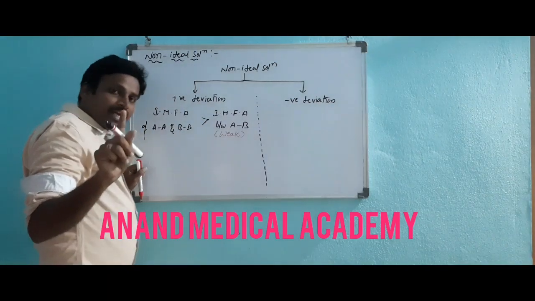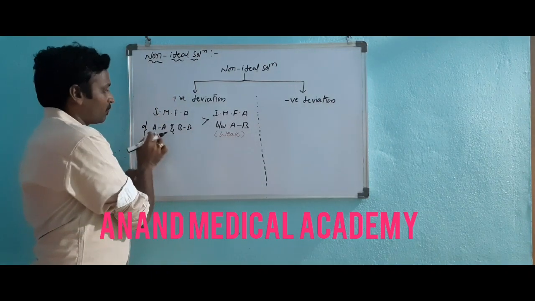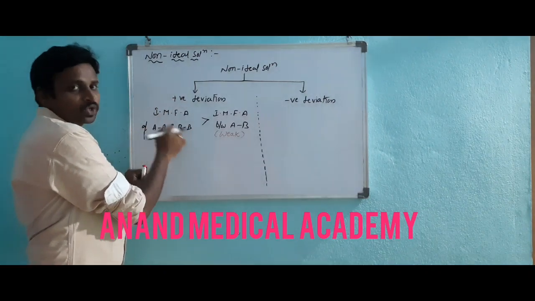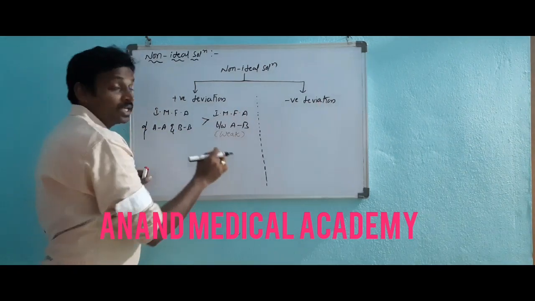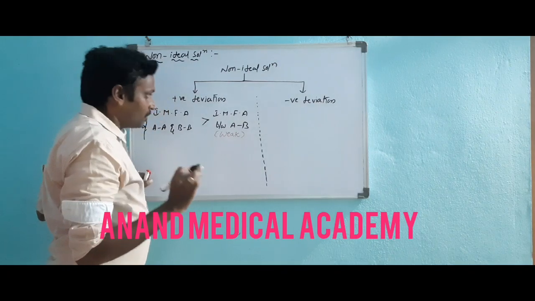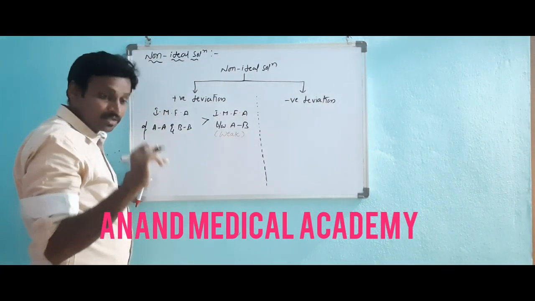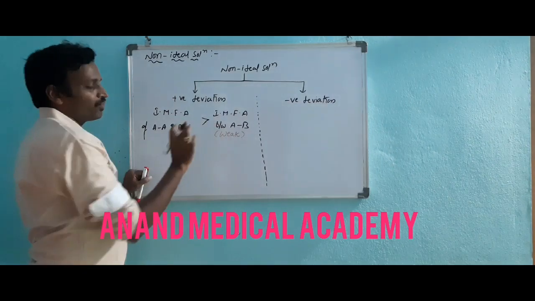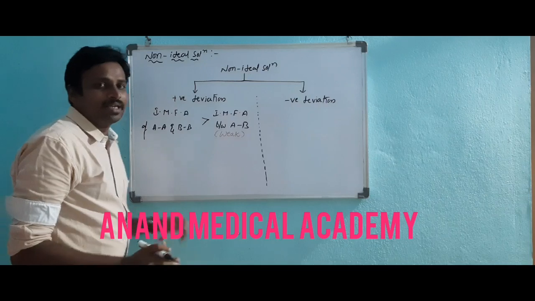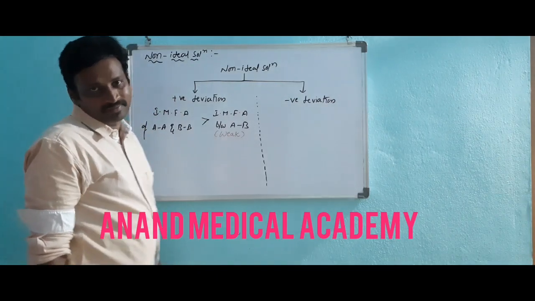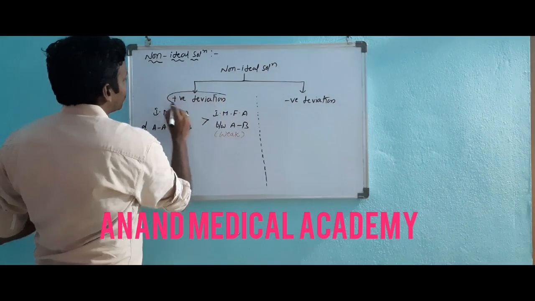In the ideal case, what I told you was that the intermolecular force of attraction of AA and BB, both solute and solvent, is equal to the intermolecular force of attraction between AB in solution. So very simple, if A and B hate each other, they show positive deviation.